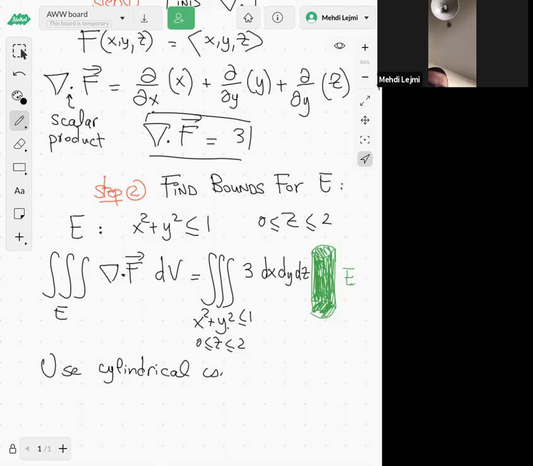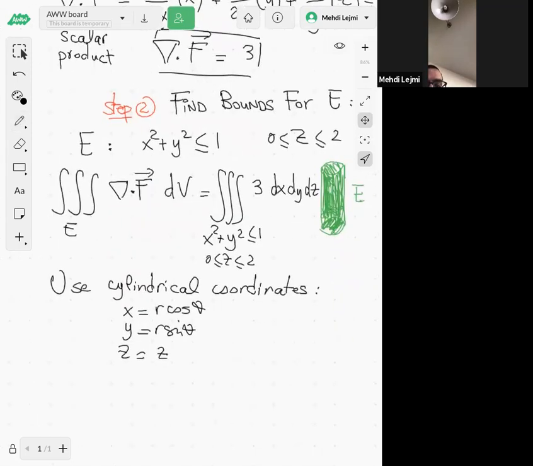Cylindrical coordinates, remember: x is r cosine theta, y is r sine theta, and z is just z. So if x squared plus y squared is less than or equal to 1, that means r squared cosine squared plus r squared sine squared is less than or equal to 1, so r is between 0 and 1.